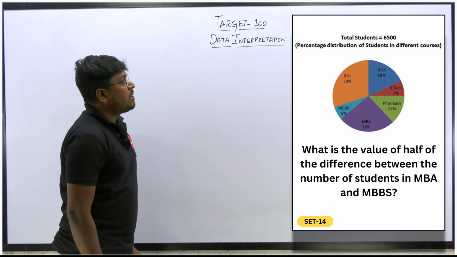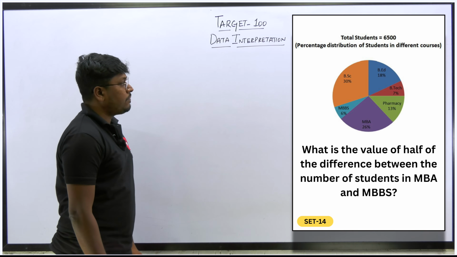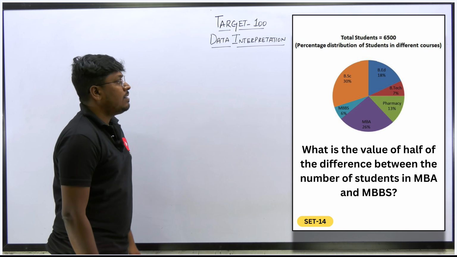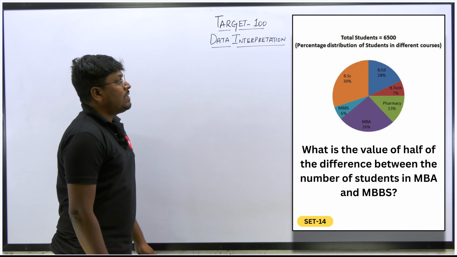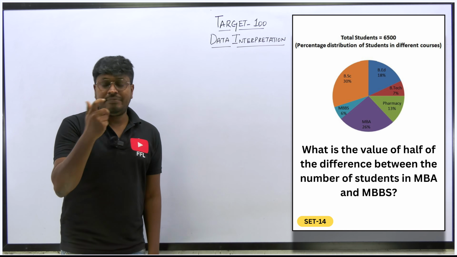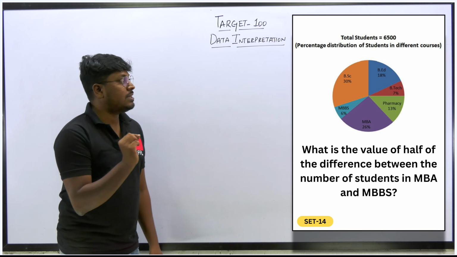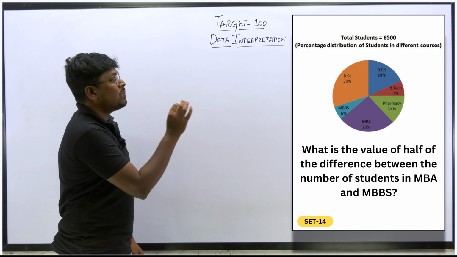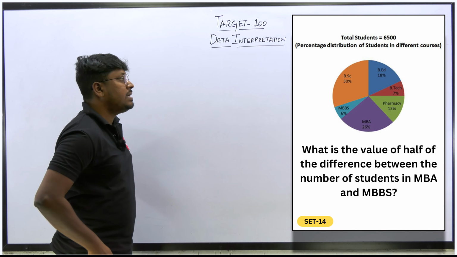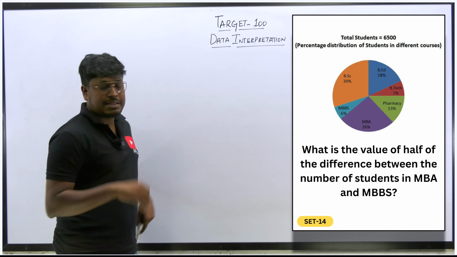So what is the first question? What is the value of half of the difference between the number of students in MBA and MBBS? First find the difference. MBA is 26%, MBBS is 6%.